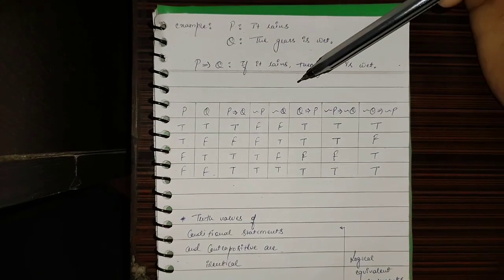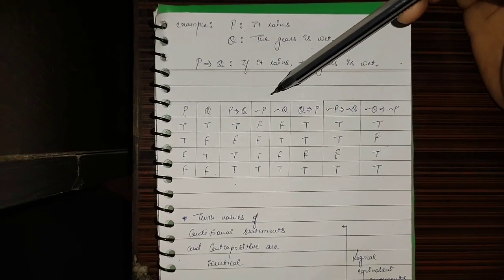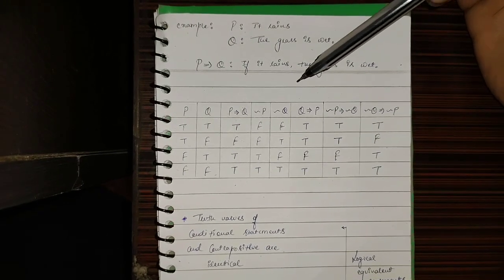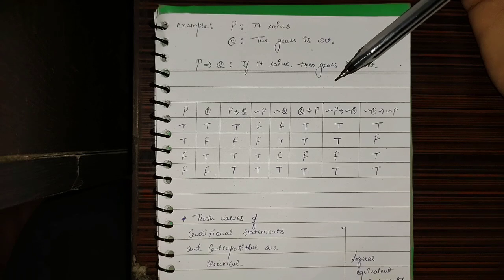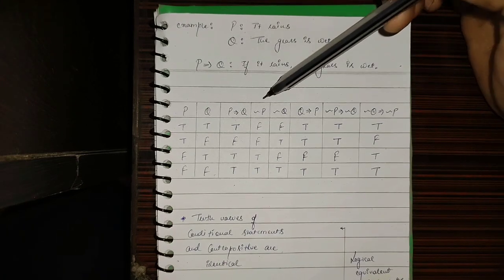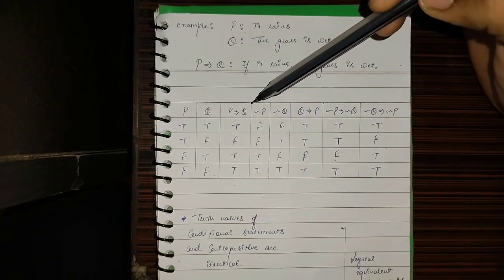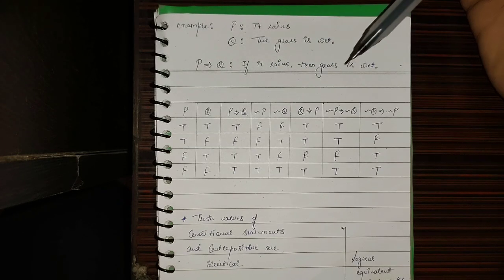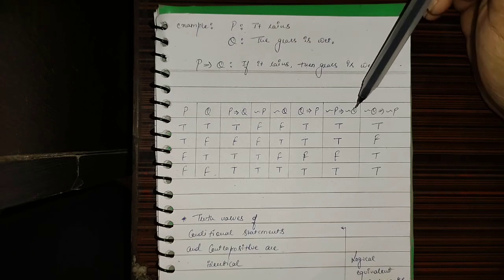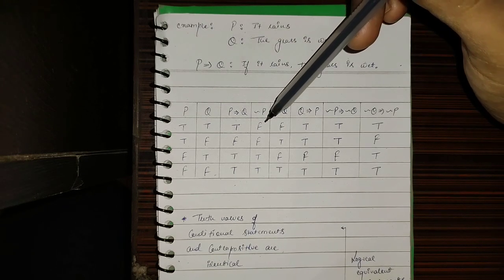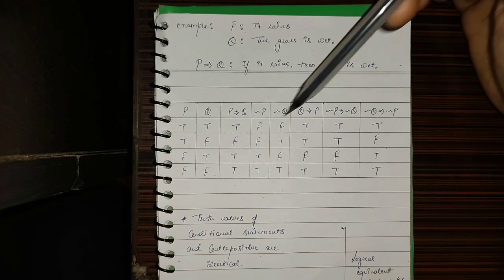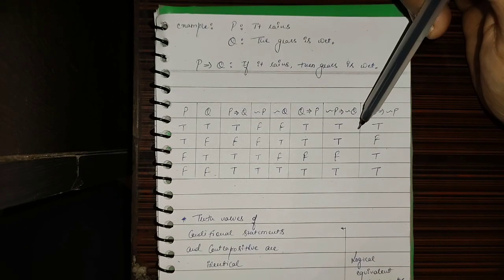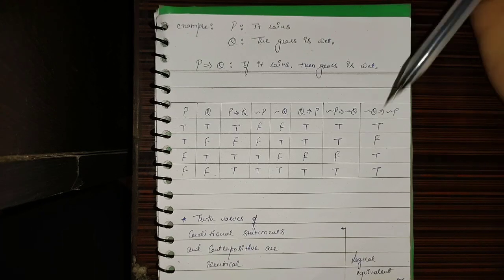For the inverse, we look at the negation of P as the hypothesis and the negation of Q as the conclusion. When both the hypothesis and conclusion are false, the conditional statement is true. When the hypothesis is false and the conclusion is true, the conditional statement is true.